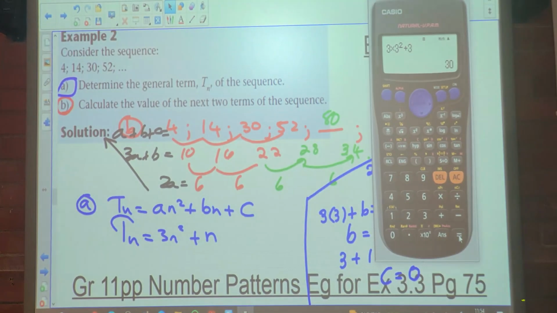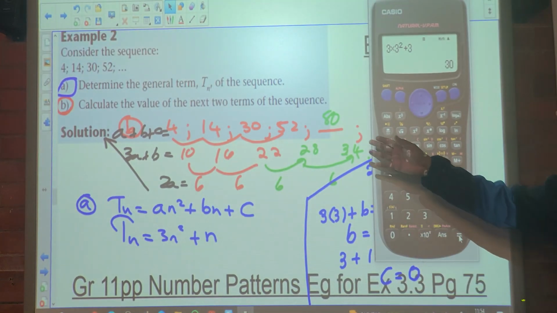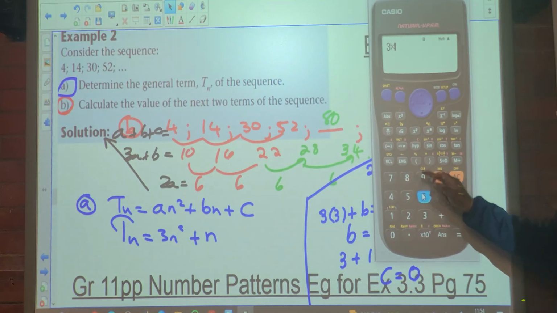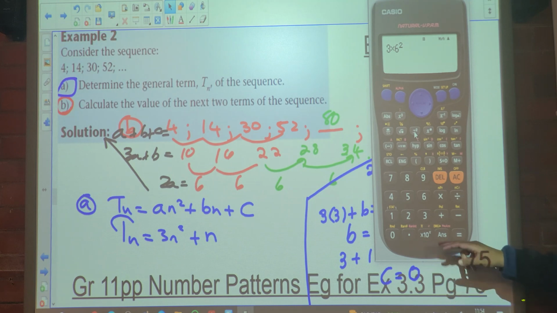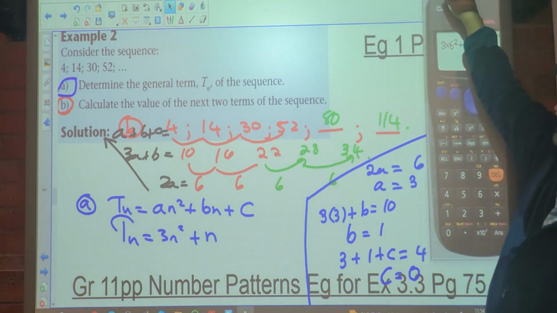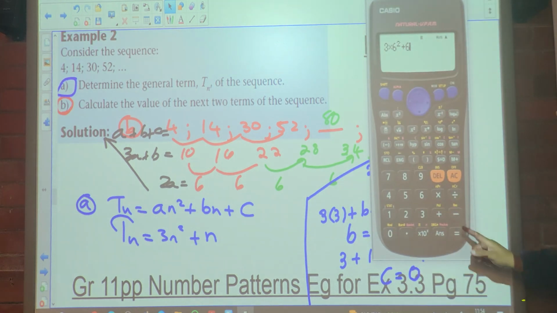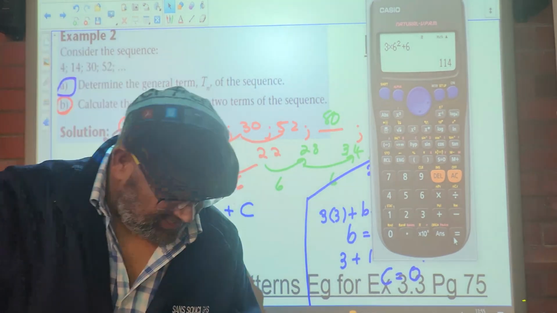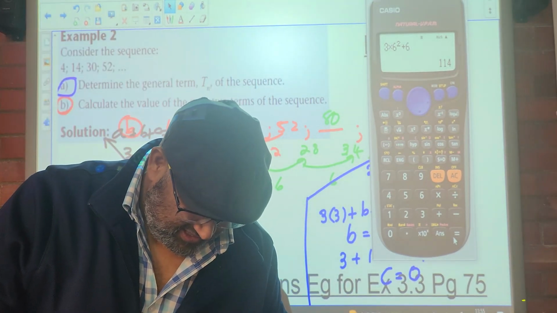Okay, 30 is correct. What if I test with the 6th term? 3 times 6 squared plus 6 should give me an answer of 114. And there we go. Verstaan julle? Is there any problems there, people? Any problems?